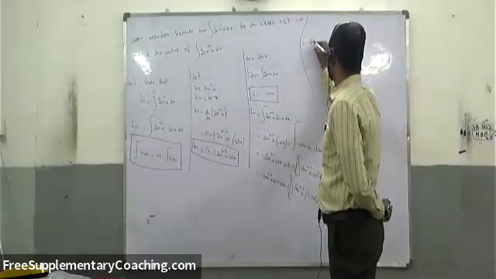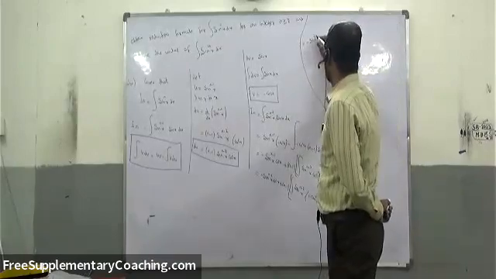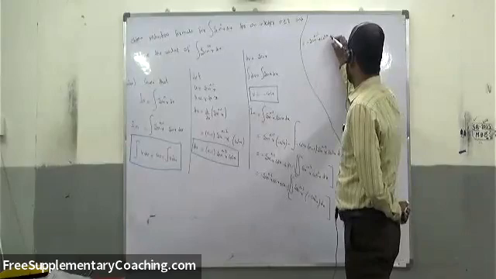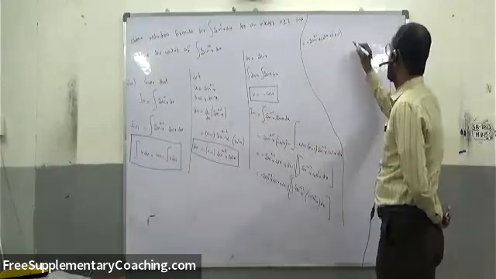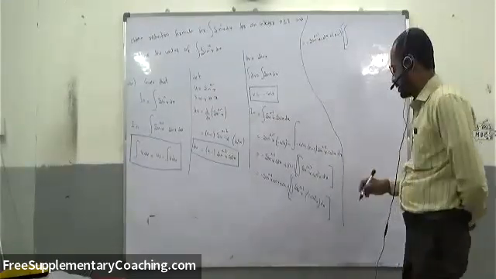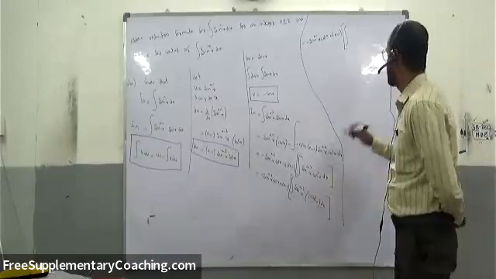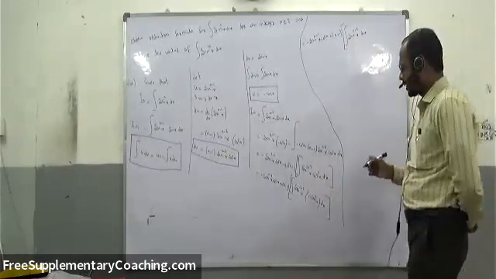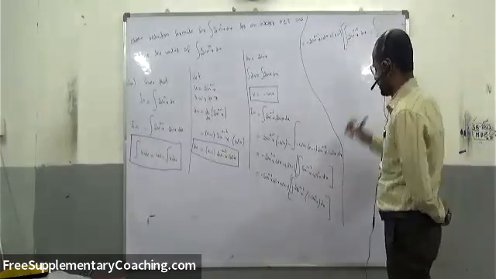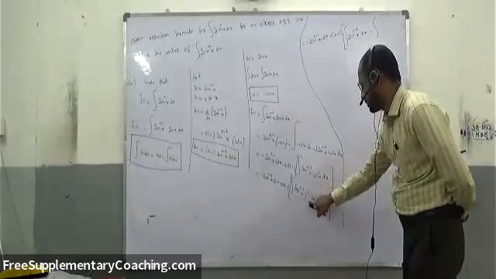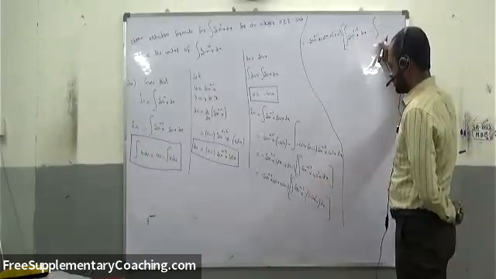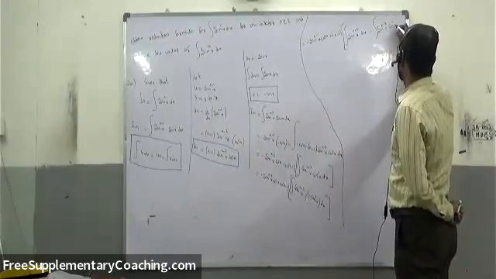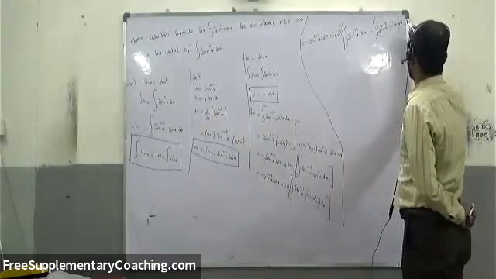Minus sine power n minus 1 x into cos x as it is, plus n minus 1 as it is, and then integration of sine power n minus 2 x into 1 is sine power n minus 2 x dx, and then minus integration of sine power n minus 2 x into sin square x dx. Close the bracket carefully.